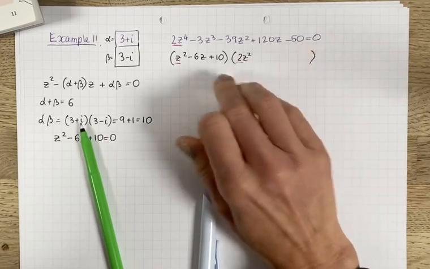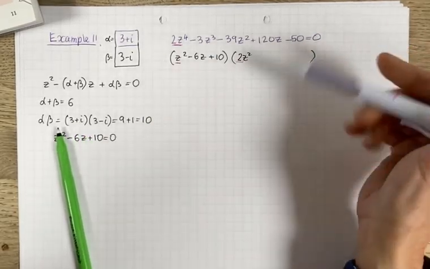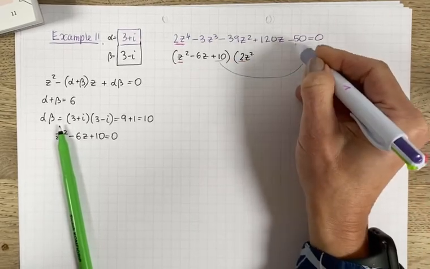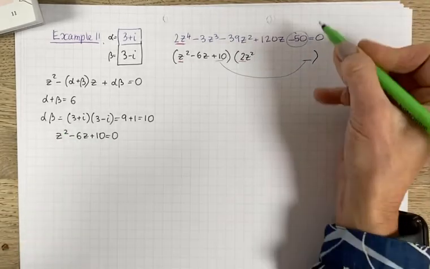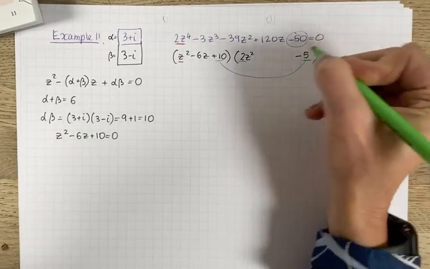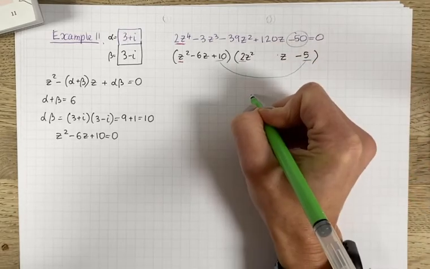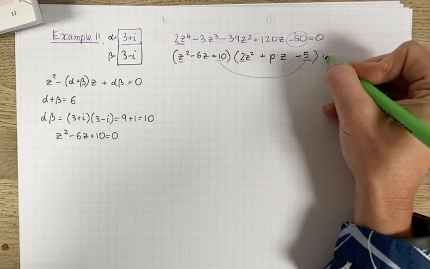What about the constant term? It's 10 here. If I multiply 10 by whatever is at the end of this second bracket, I must get minus 50. Well, what was it? Must have been minus 5. Okay, and then here we are going to find z terms. So let me call it pz for now, so we'll do it steadily.